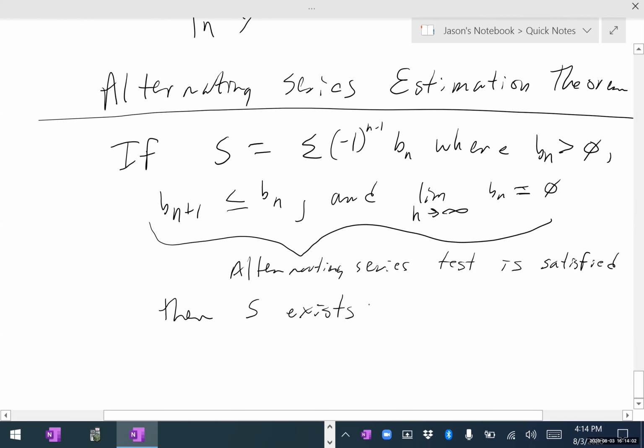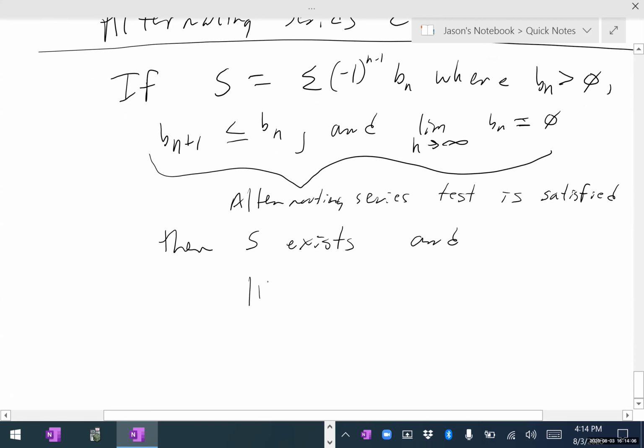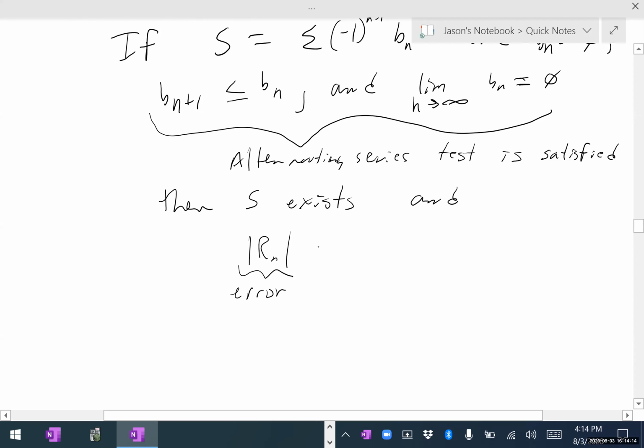Okay, and the remainder, or the error, we'll call this the error, is equal to the difference between the true sum and the partial sum, which is less than or equal to b sub n plus 1. Oh, that's kind of interesting.